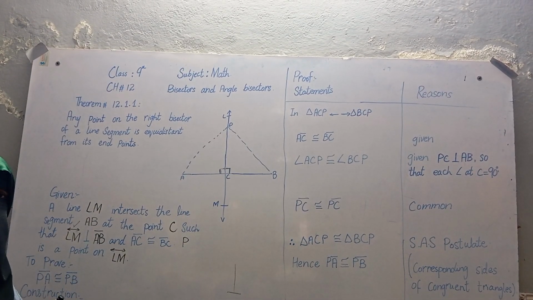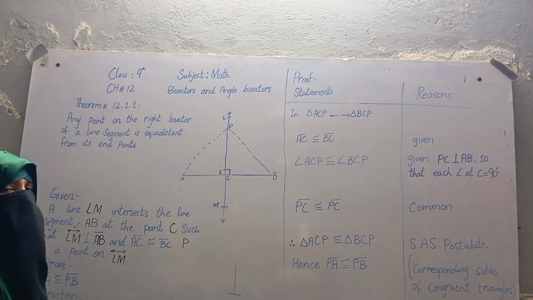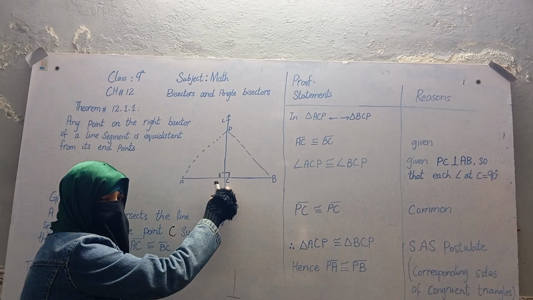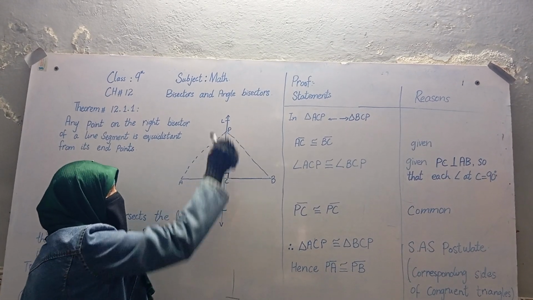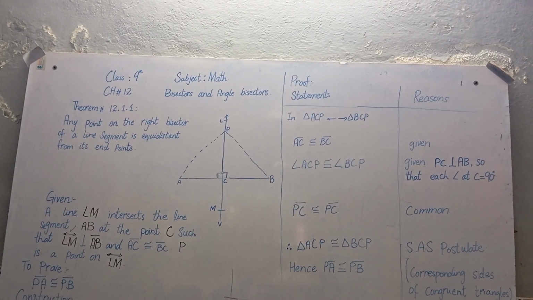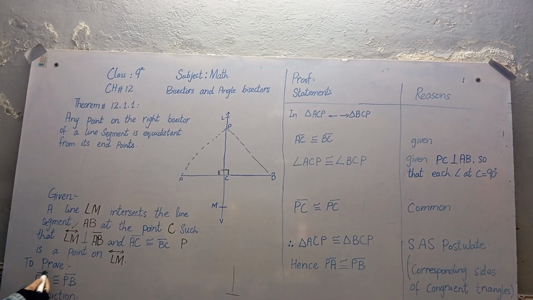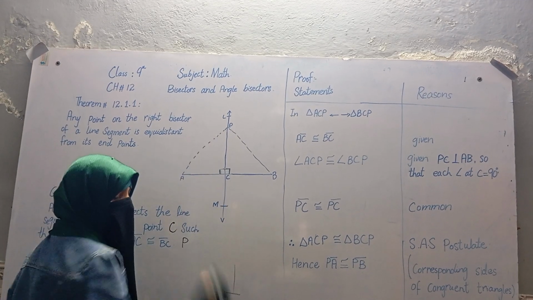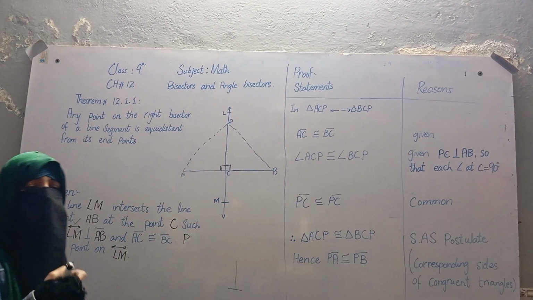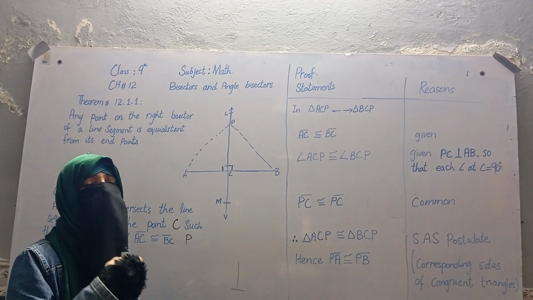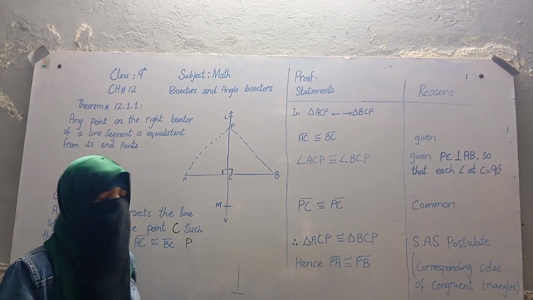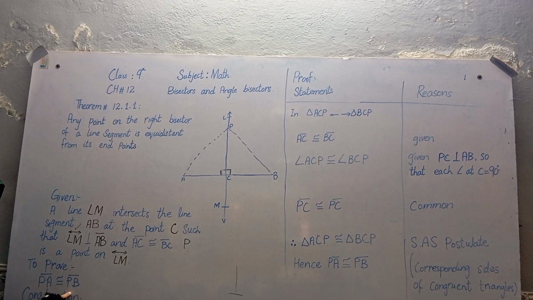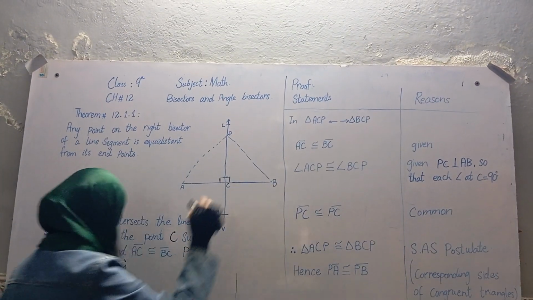It is on line segment AB, and LM is perpendicular to AB at the point C, with P joined to C. Now we have to prove line segment PA, this is P to A, this dotted line shows some construction, something extra which I do myself, congruent to line segment PB. You can see P to B.